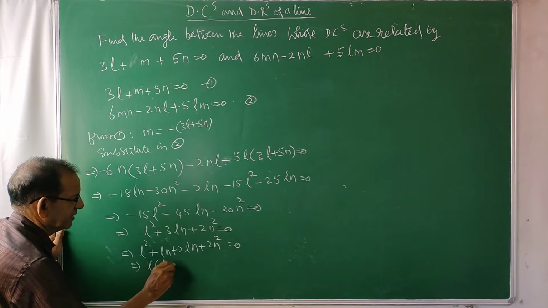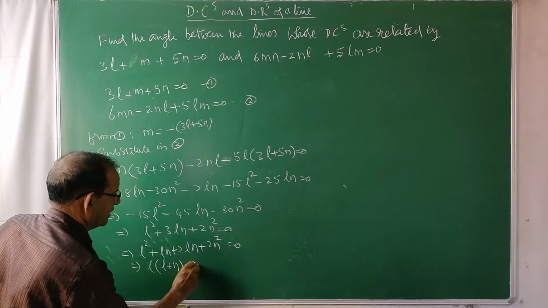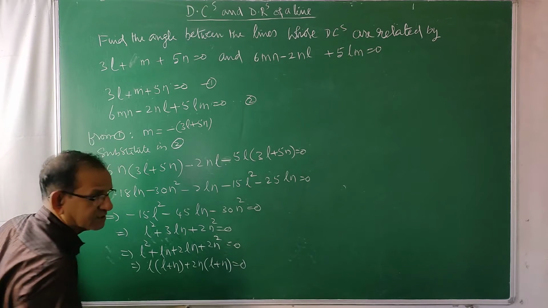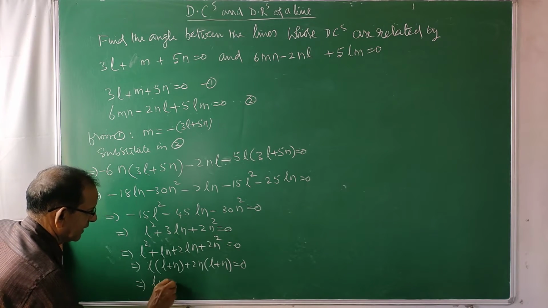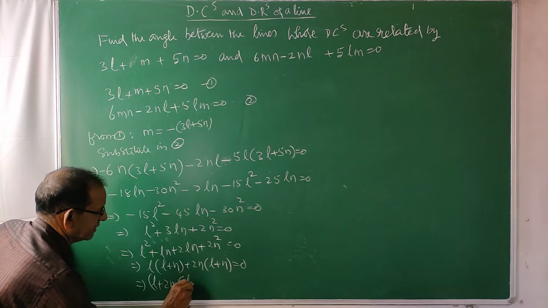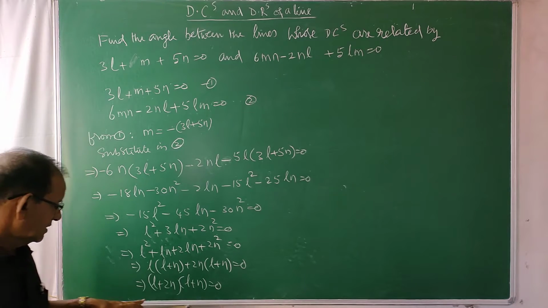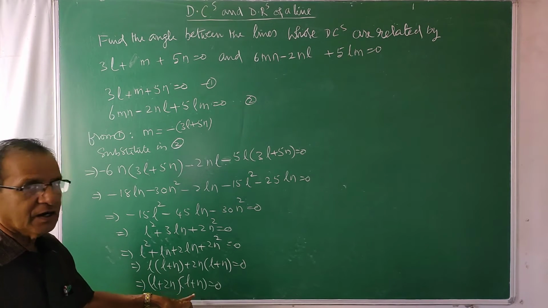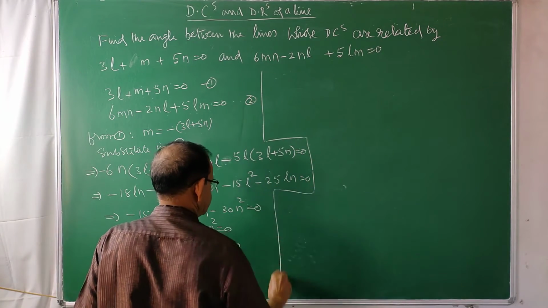L into L plus N plus 2N into L plus N equal to 0. So that is L plus 2N into L plus N equal to 0. So here also we will get two cases. One is L plus 2N is 0 or L plus N is equal to 0. We have to consider both the cases separately.